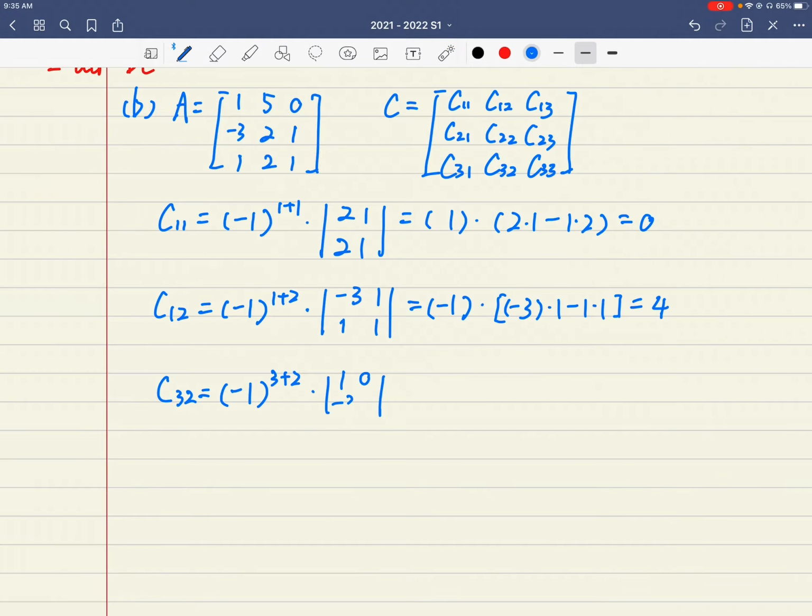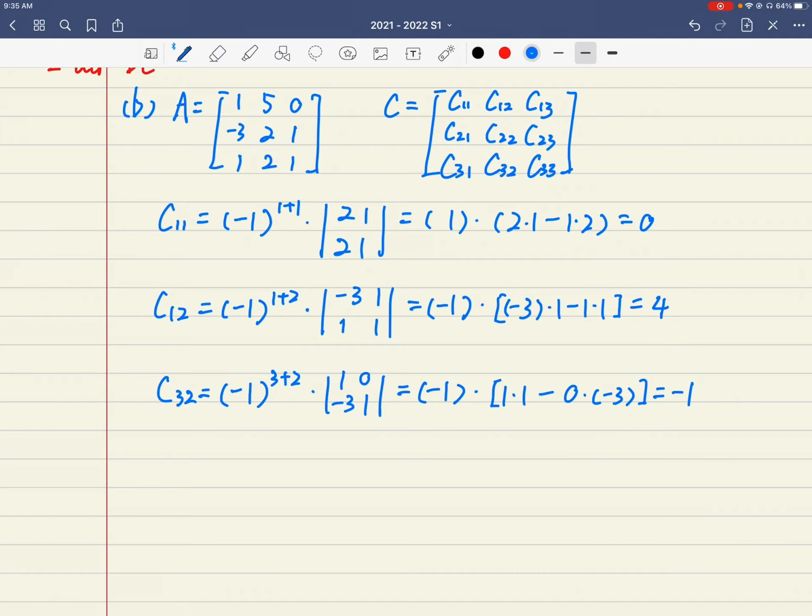And the first part is -1. The second part is this product minus this product. So it's 1 times 1 minus 0 times -3. So this part is 1. This part is -1. So the product is -1.